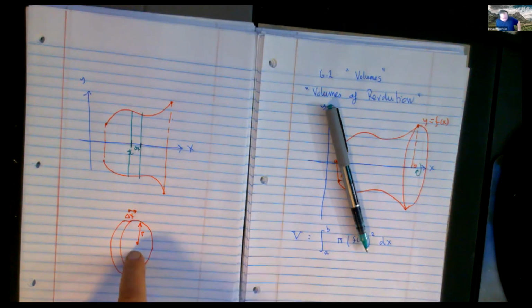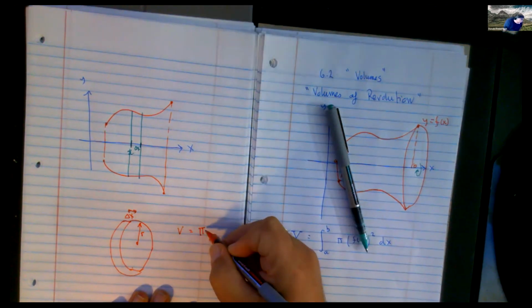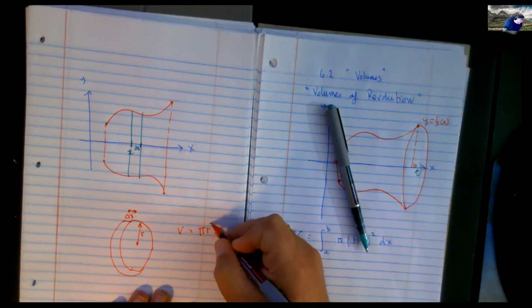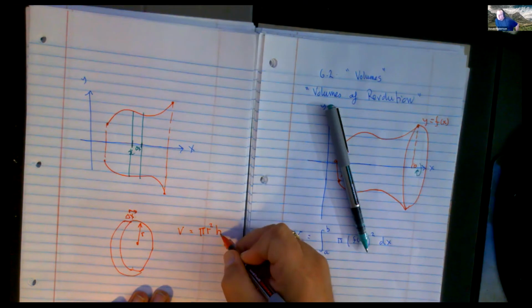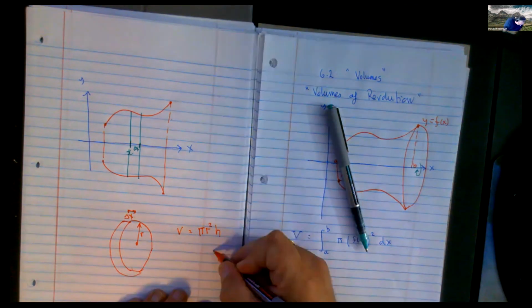The volume of this little disc is pi times r squared times h. Remember the volume of a cylinder, pi r squared h? Now, in this case, isn't h delta x?